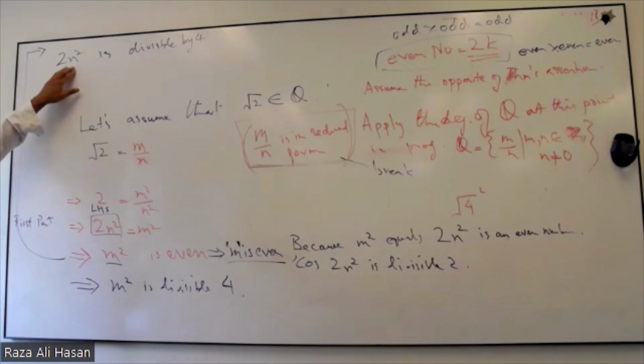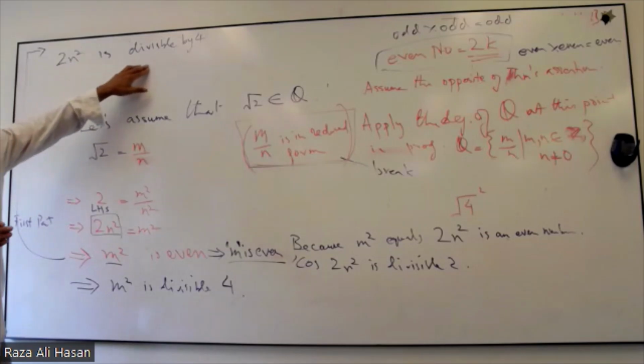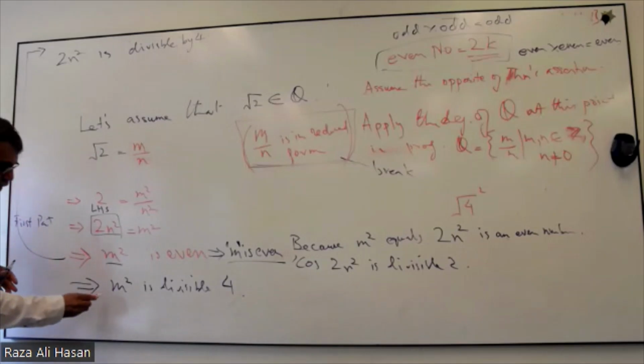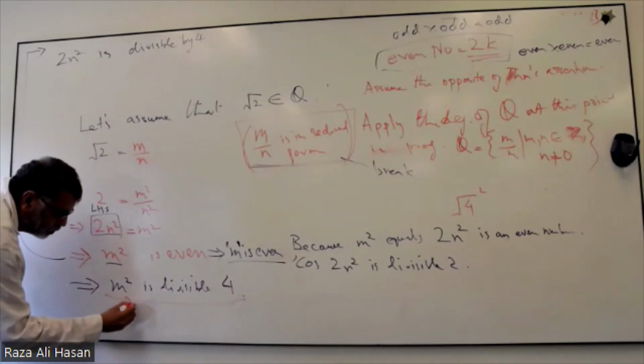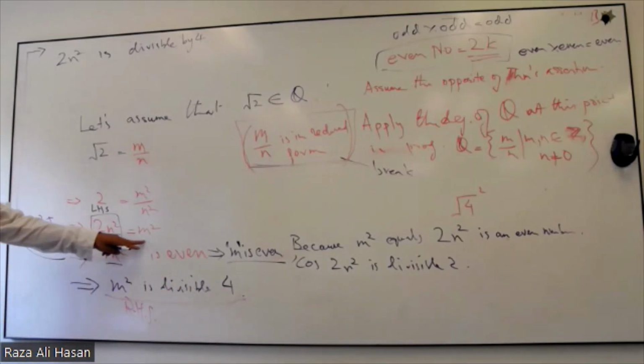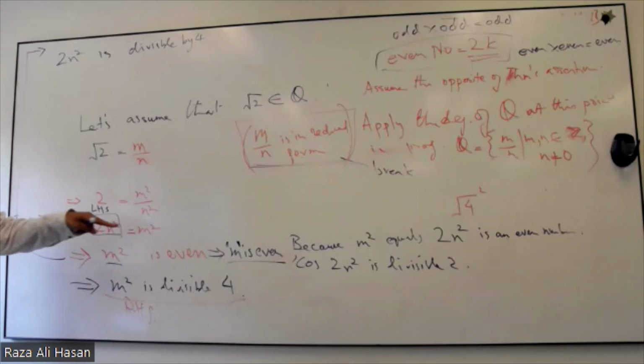2n squared is divisible by 4 because we made a statement here that the right-hand side is divisible by 4. If these two are going to be equal to each other, and you're saying this is divisible by 4 and it's equal to this number, this number better be divisible by 4, otherwise they're not equal to each other.